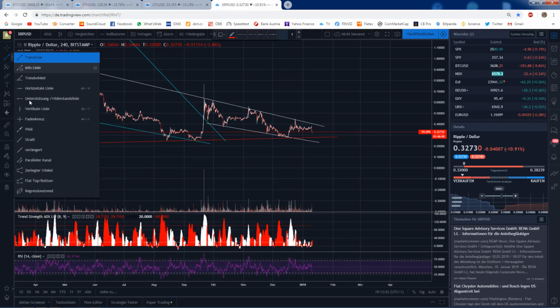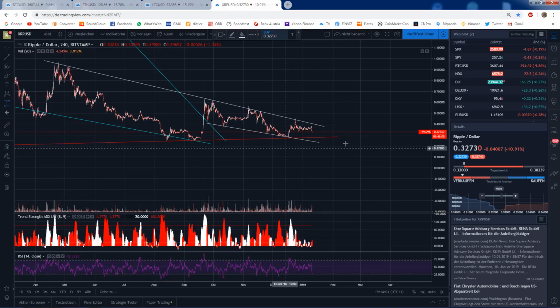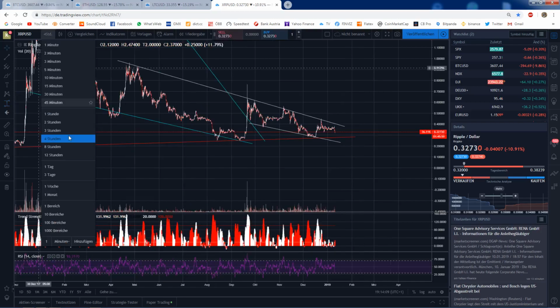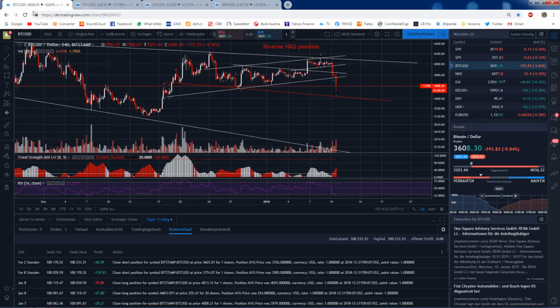Well, come on, I always forget, there it is. So yeah, like 70% to this trend line. This is actually quite important, so you want to look at this very closely. It has been quite important in the past. So yeah, just a quick update on altcoins.